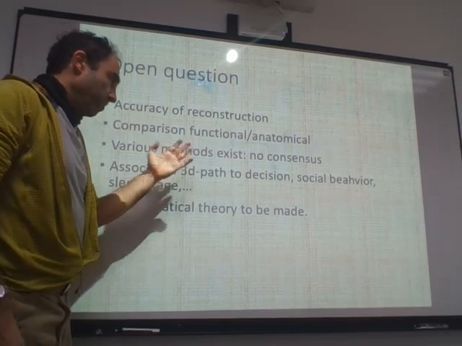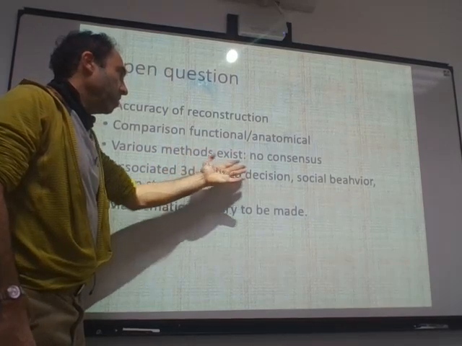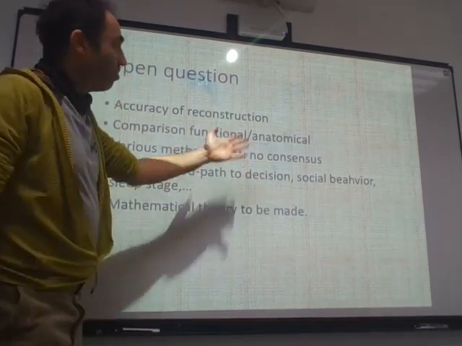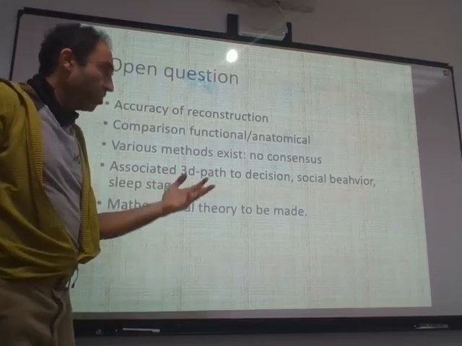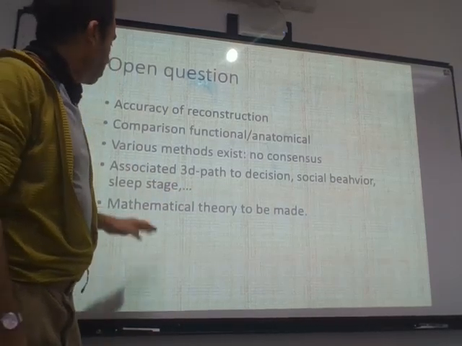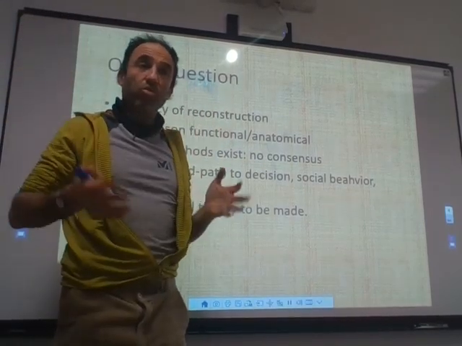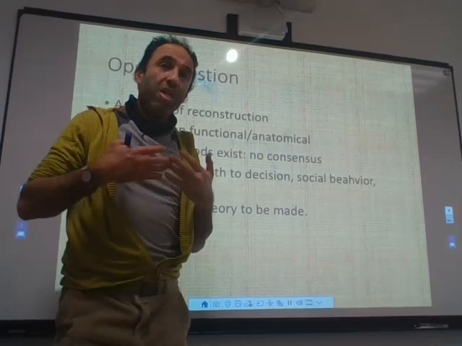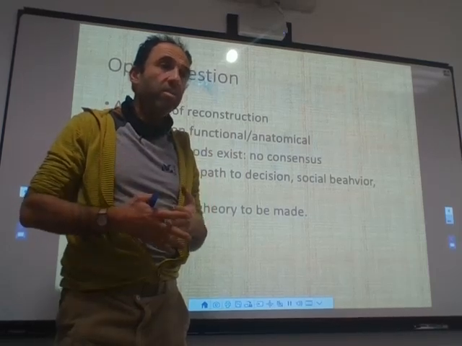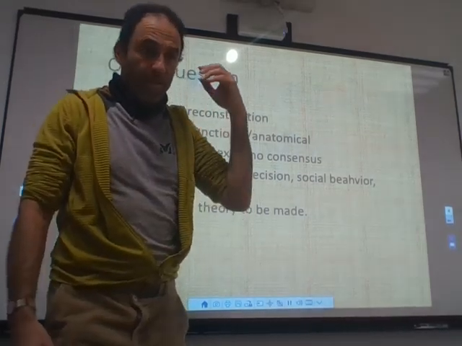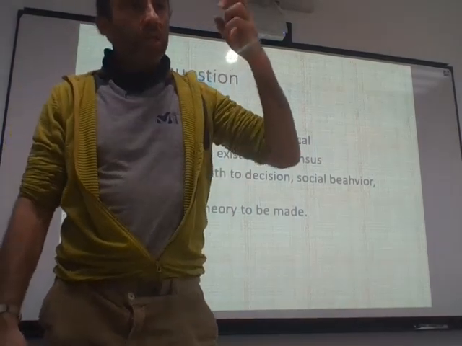It's still unclear today, and that's a project that we are interested in, how what you are reconstructing is associated. So you construct a network, but you can reconstruct paths. Are these paths associated with cognition, with a task?